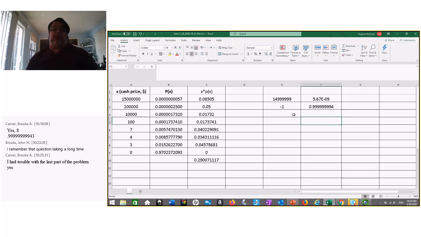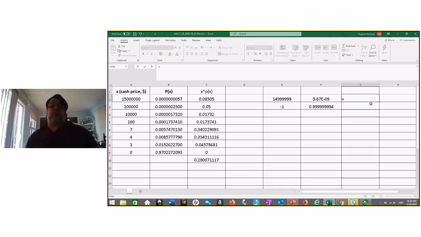Okay, now I'm going to take this number. Well, I'm going to go right here. Equals this number times this number. And equals this number times this number.